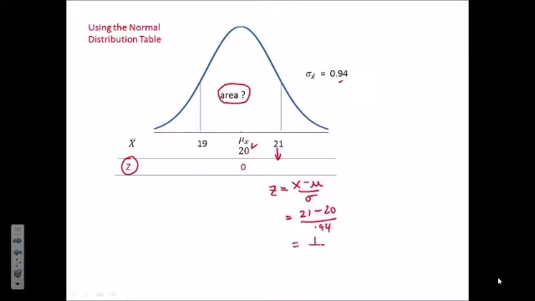So 1 over 0.94, that's going to be 1.0638, etc. Our table carries 2 decimal places for z-scores, so we'll round off to 1.06.